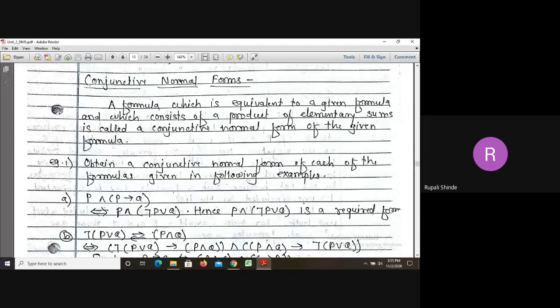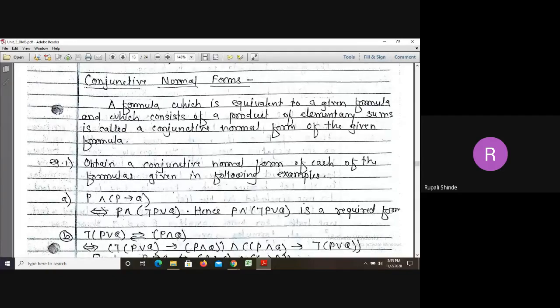Whatever questions we saw for DNF, the same formulas we have to see for CNF. Obtain the conjunctive normal form of each of the formulas given in the following examples. The first one is given as P and P conditional Q. Now we convert this P conditional Q into its equivalent formula, negation P or Q, and this P we keep as it is.